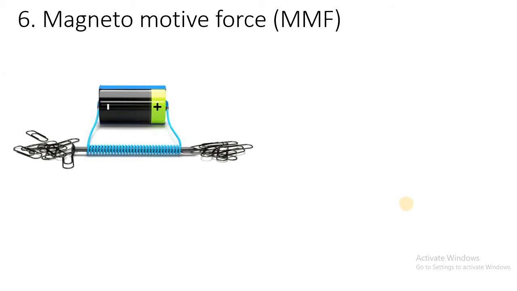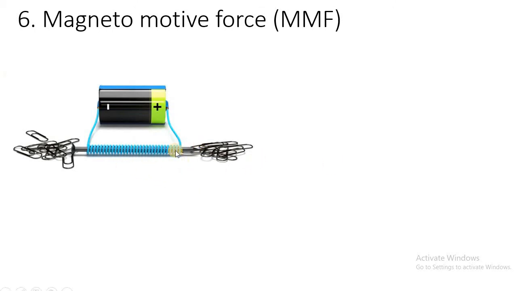Now here, in this particular image, assume that we have connected a 5-volt battery. This 5-volt battery is giving me 0.1 ampere current, and this 0.1 ampere current is flowing through this blue wire, which has say 10 turns.